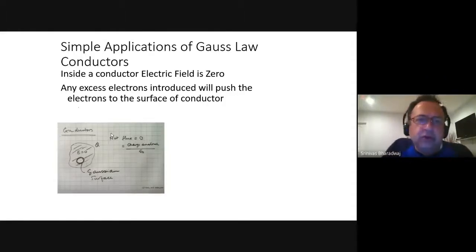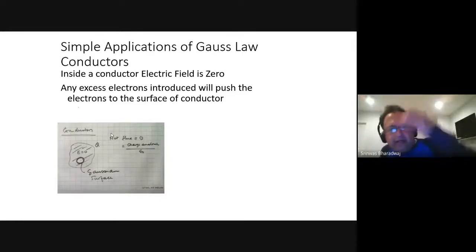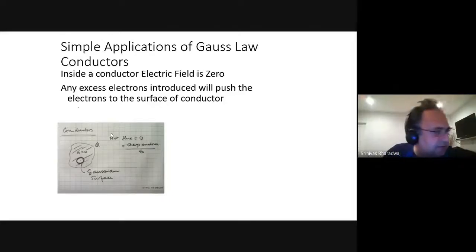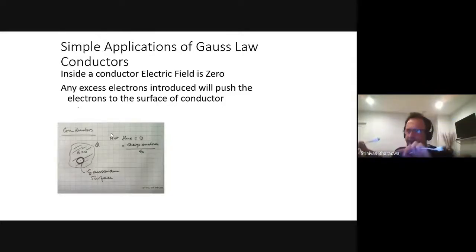Okay, so now let us consider the conductor. A conductor is typically a metal, right? If you look at this wire, I use this wire to charge my cell phone or my earphone. Inside this wire they will have copper.